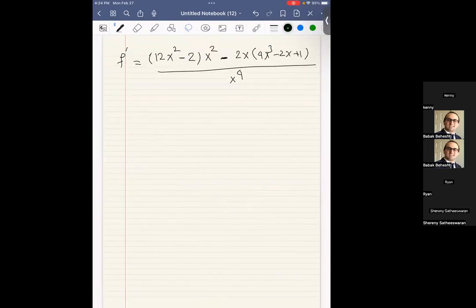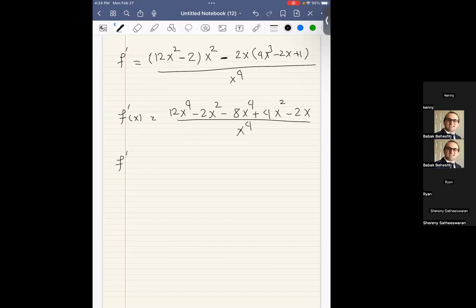So you have f prime on the top. You have 12x to the power 4 minus 2x squared minus 8x to the power 4 plus 4x squared minus 2x, divided by x to the power 4.